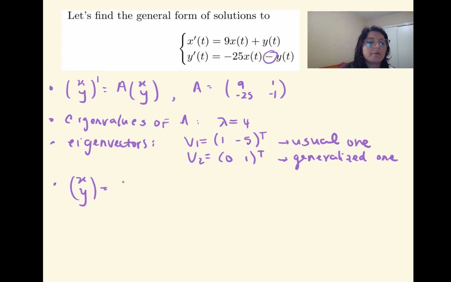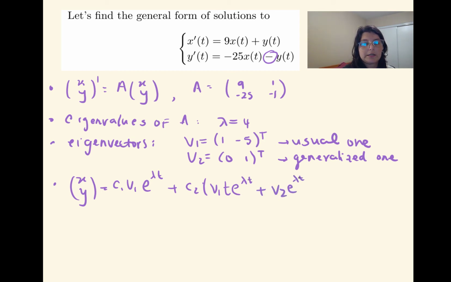So here we will have a constant c1, which we don't know because we don't have extra information on x and y, times the vector v1 times e to the lambda t, plus c2 and then a bracket: v1 t e to the lambda t plus v2 e to the lambda t.